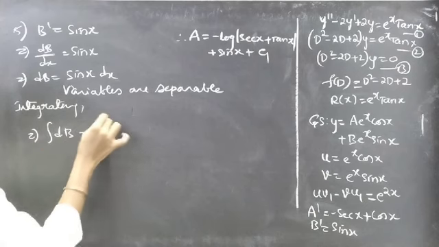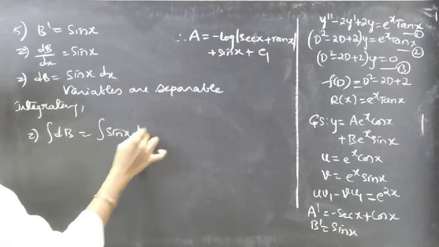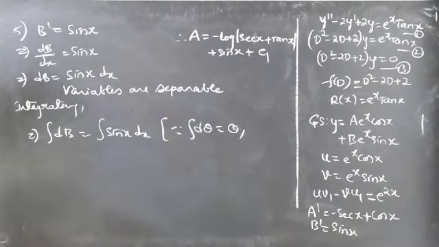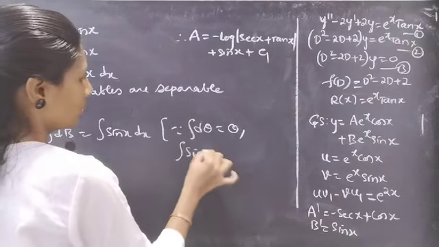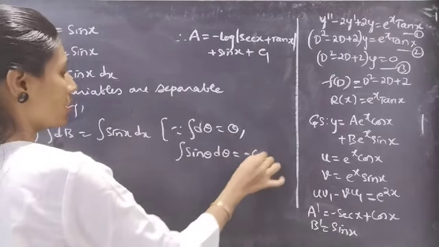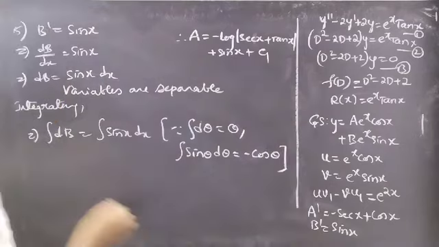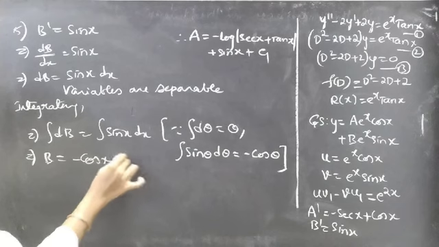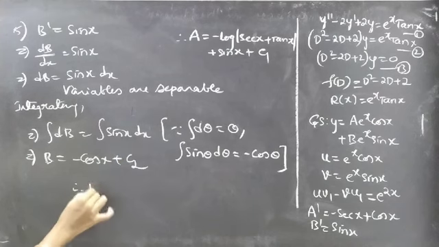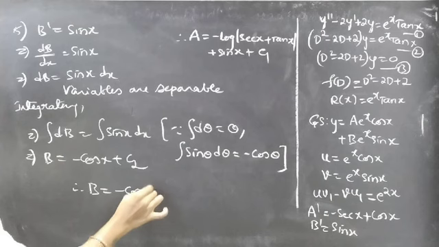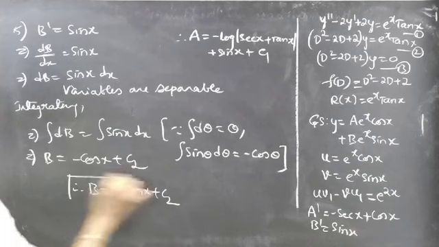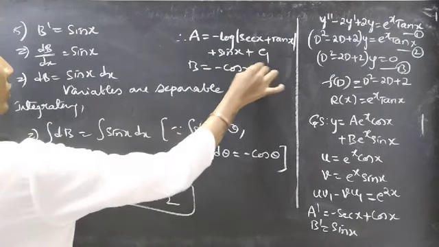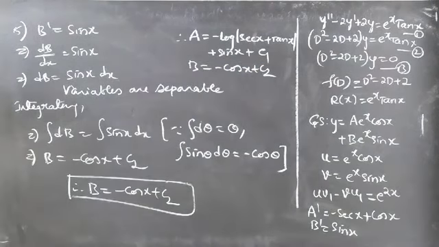Integral dB equal to integral sin x dx. Since we know that integral d theta equals theta and integral sin theta d theta equals minus cos theta, we'll get B equal to minus cos x plus the integral constant c2. Therefore, B equals minus cos x plus c2. So we got A and B here.